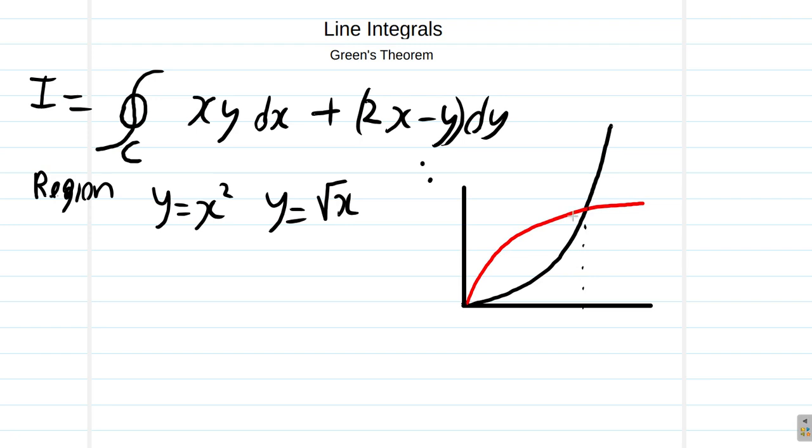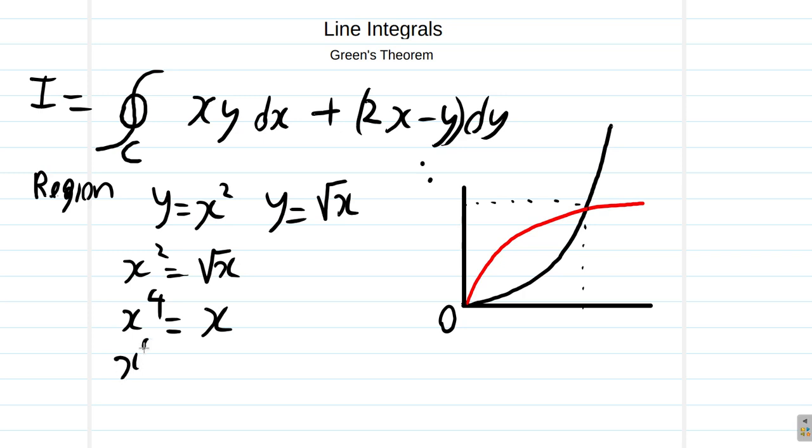And of course, you'll have to figure out exactly where they start, which is 0, 0, because where you make x squared equal to square root of x, if you square both sides, you get x to the fourth equals x. So x to the fourth minus x is equal to 0.